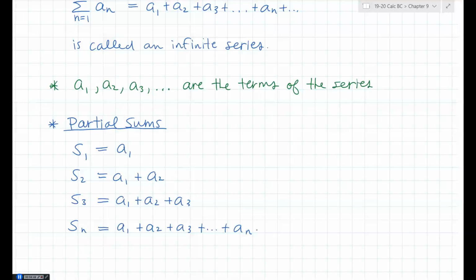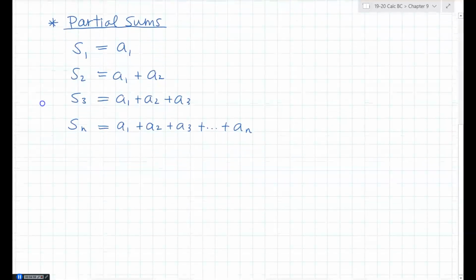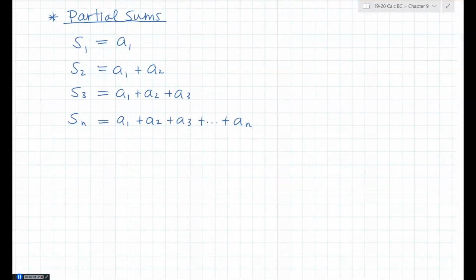Okay, so we talked about convergence and divergence. Let's talk a little bit about how we can tell if something is convergent or divergent. So here's example number 1.